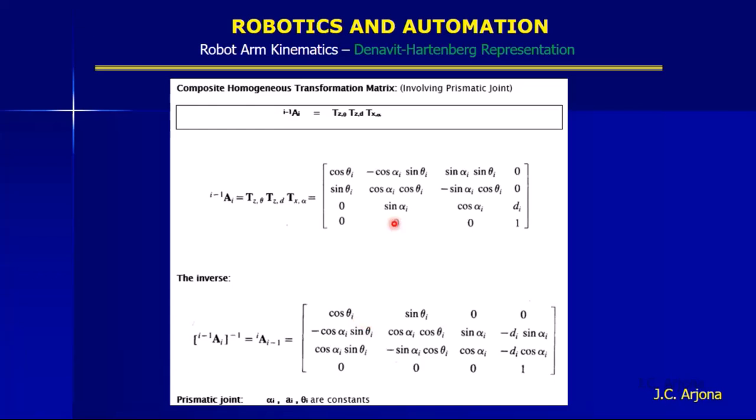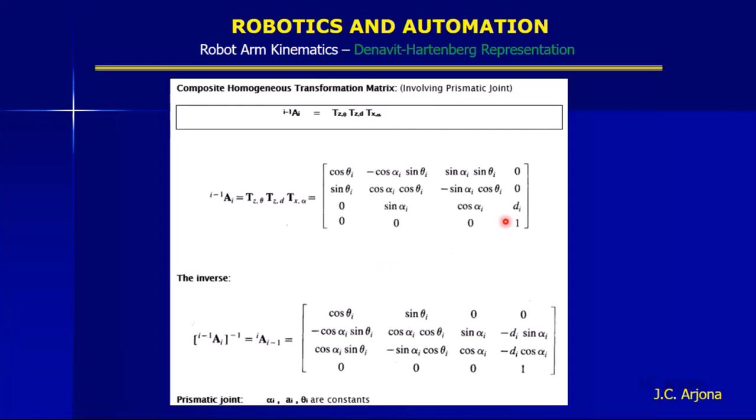Here is the summary of the composite homogeneous transformation matrix involving prismatic joint only. So here is the formula. As you can see, you will find the z theta, z d. So this is theta i, di, x alpha.